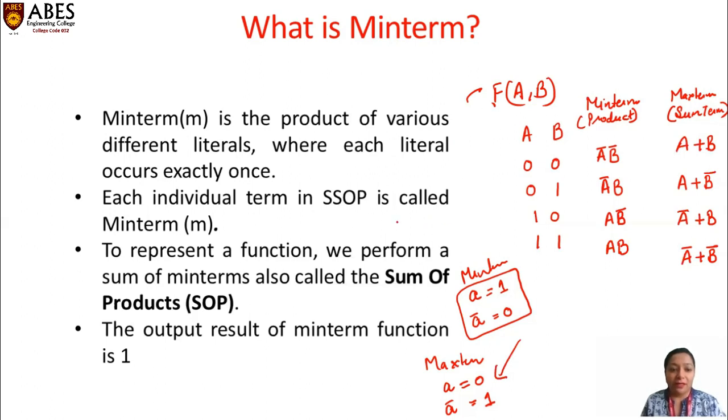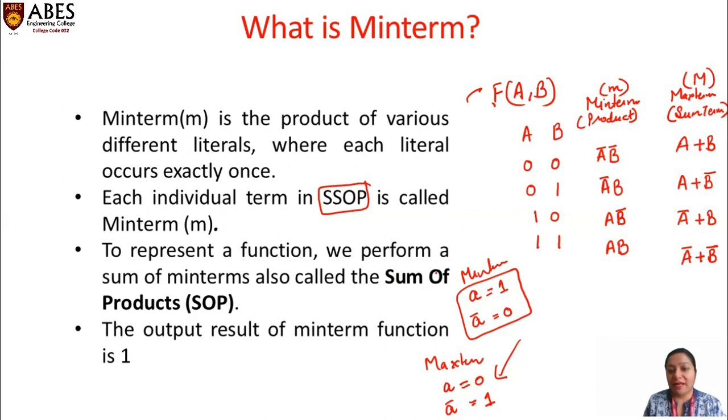Second point, each individual term in standard SOP is also called a min term. We will understand the term standard SOP later in this video lecture. One more important point is that min terms are always represented by small m, whereas max terms are represented by capital M. Third point, to represent a function, we perform the sum of min terms, also called sum of product terms.